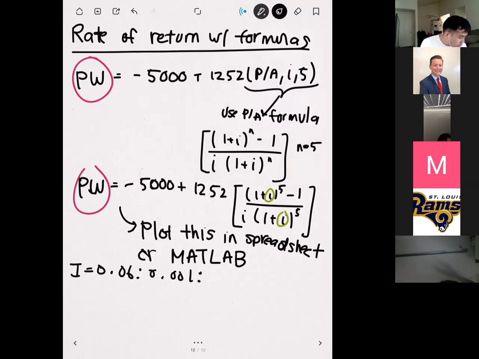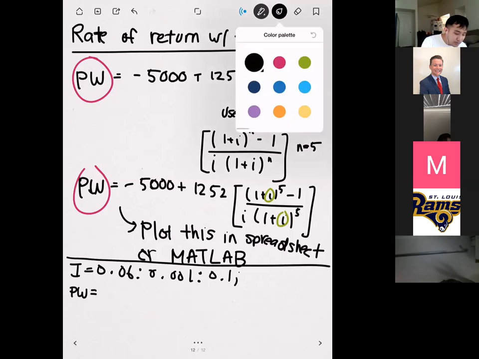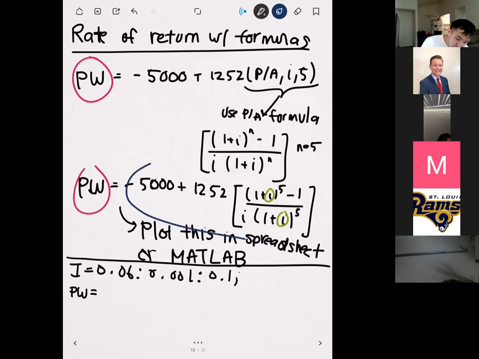And this is just one way to do it. Then from there, we can put in our formula for PW. Basically, we're going to input this entire formula here for PW. PW is going to be minus 5,000 plus 1252, multiplied by, and we have 3 parentheses here, actually.